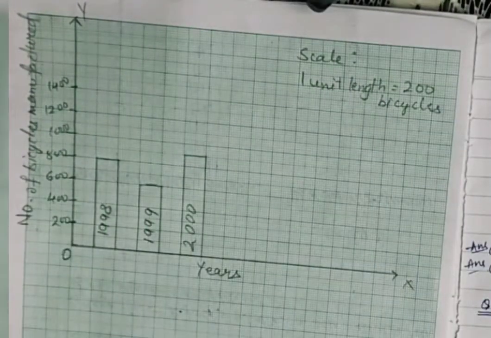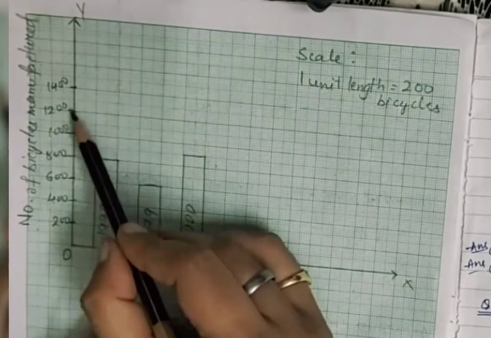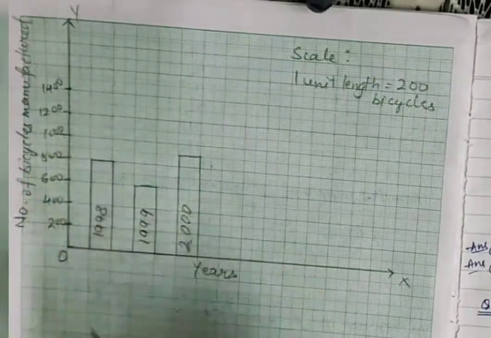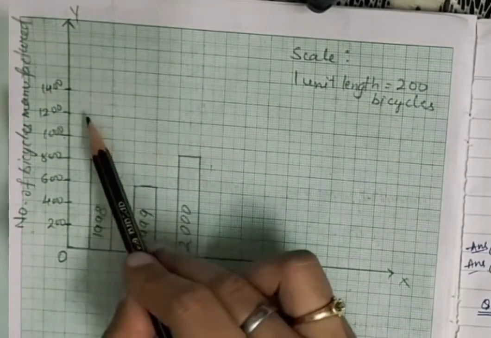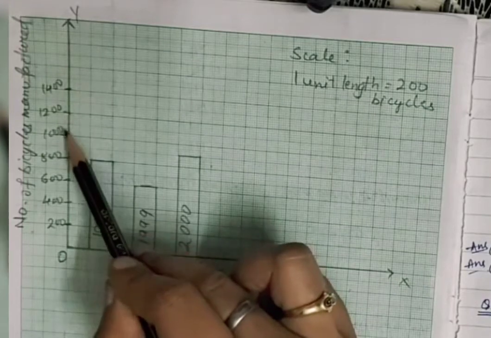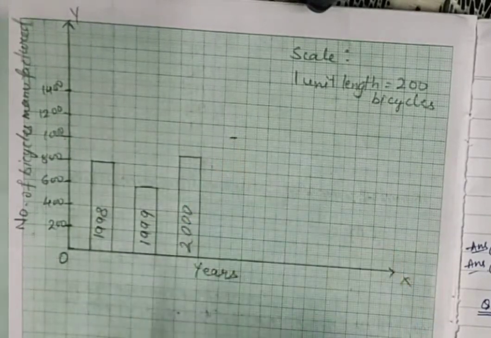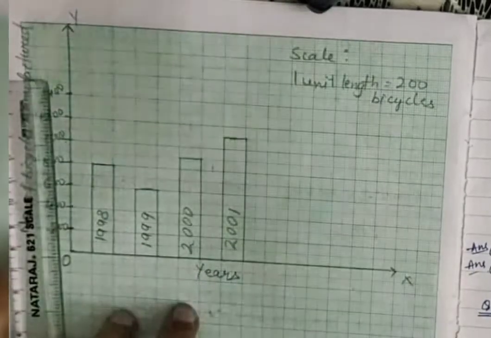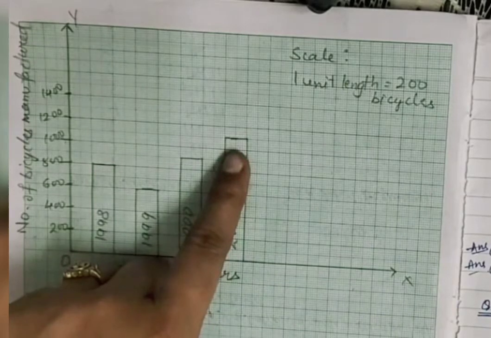For 2001 it is 1100. Again, this is 1000 and this is 1200, so what will 1100 be? 1100 will be exactly the center, the midline of 1000 and 1200. That will be here. Okay students, so this I have drawn for 2001, that was 1100 bicycles.